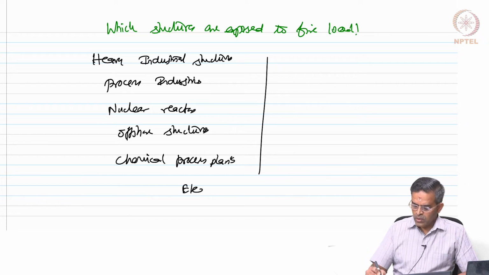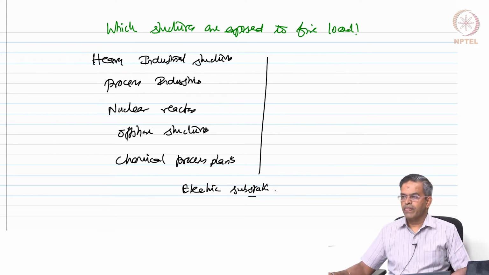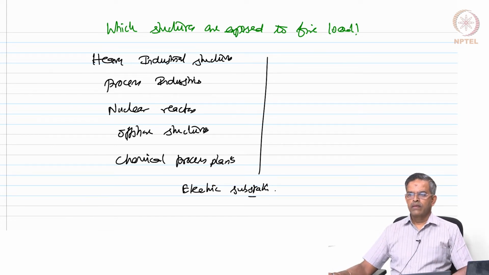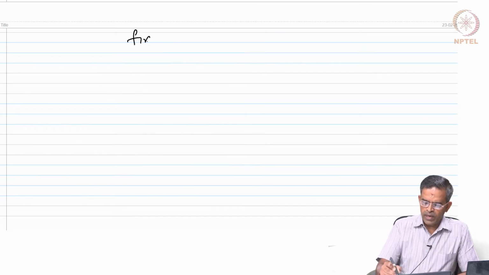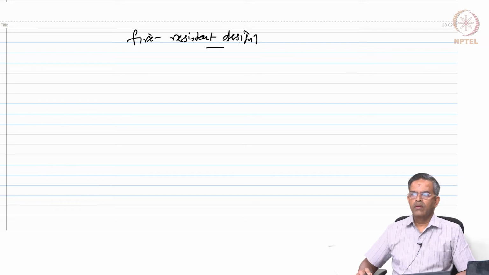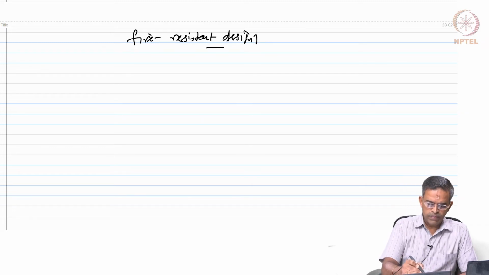We can also include electric substations, because electric fire is an important aspect for design. Okay. Now, let us talk about what do we understand by fire resistant design. Structures can be only designed to withstand fire for a specific duration. Okay.